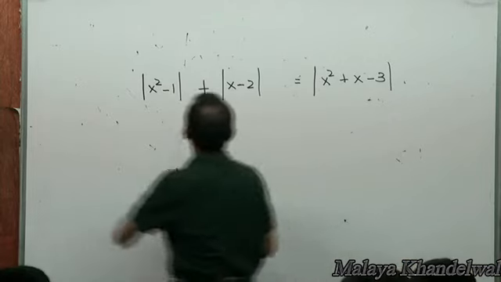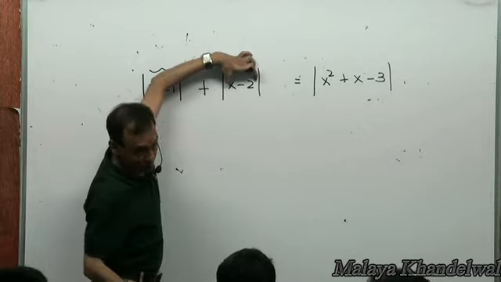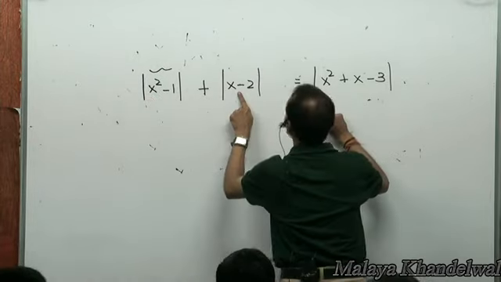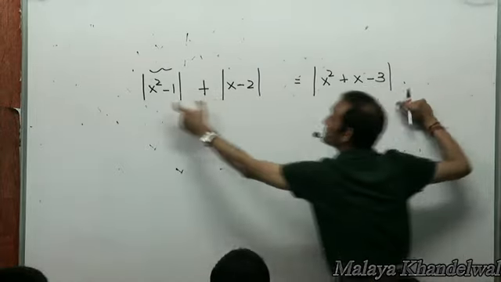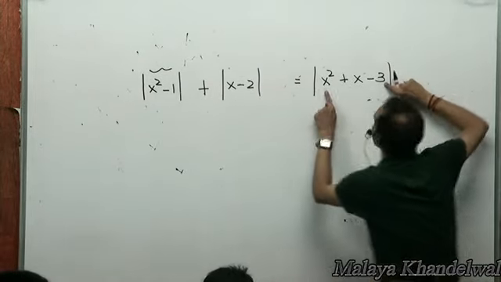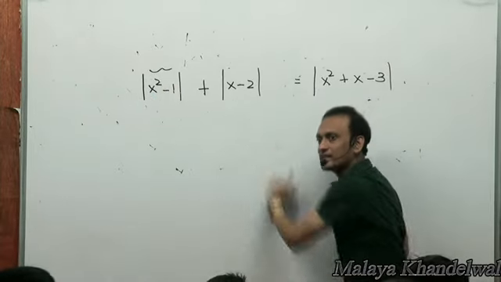Look at this. This is mod of some x, this is mod of some y, and do you realize x plus y is this? x squared plus x minus 3. That means mod x plus mod y is equal to mod of x plus y. That can happen only if x and y are of the same sign.